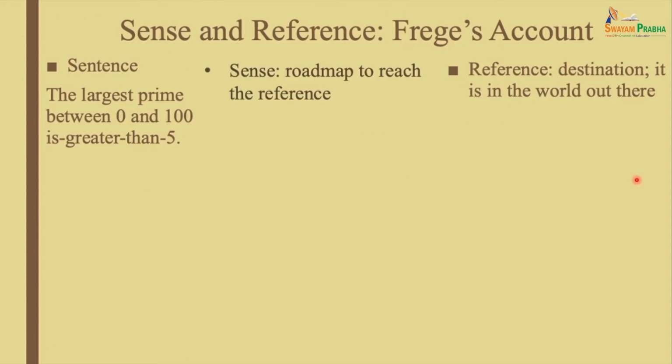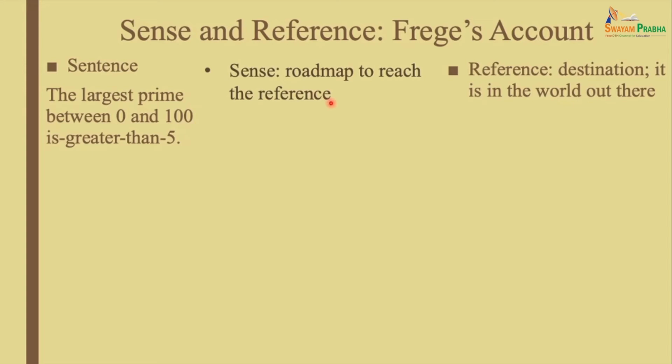Now, another very important thing. Frege distinguishes between sense and reference. These are both meaning elements. What is a sense? When a linguistic expression is given, it guides you to its reference through a road, right? For example, take this: the largest prime between 0 and 100 is greater than 5. So, what is this, the largest prime between 0 and 100? You may not compute it immediately, but it guides you.